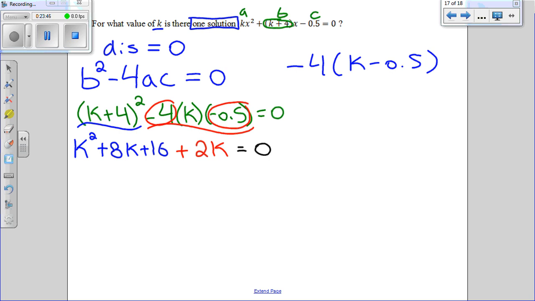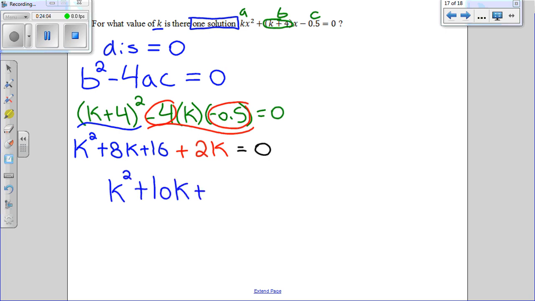Alright, at this point, now you can collect like terms. So you have 8k plus 2k, so you have k squared plus 10k plus 16 equals 0. And now you're free to solve that quadratic any method you want. You could graph it and find the x-intercepts. You could use quad formula. You could use box method. You could use factor. I would factor this thing. So if you factor it, it's 16, 10, 8, and 2.